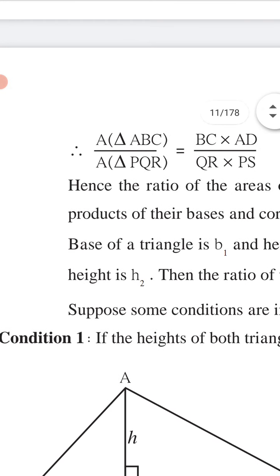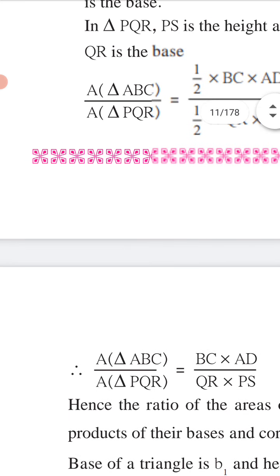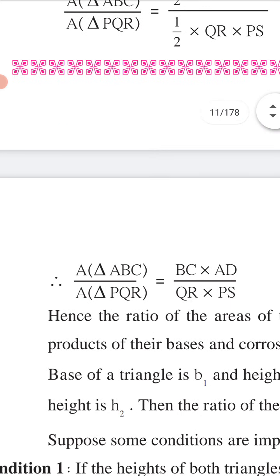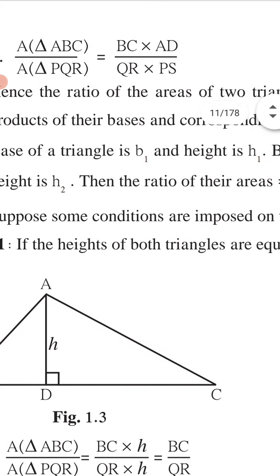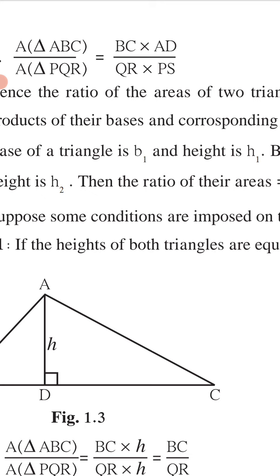Now here the half, 1 by 2, gets cancelled. So what are you getting? Area of triangle ABC upon area of triangle PQR equals BC into AD upon QR into PS.